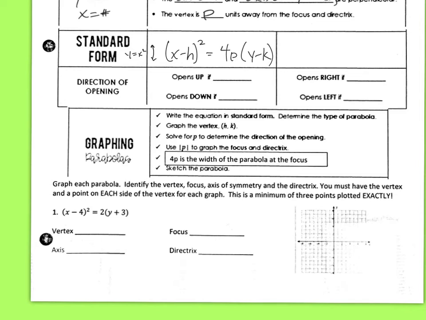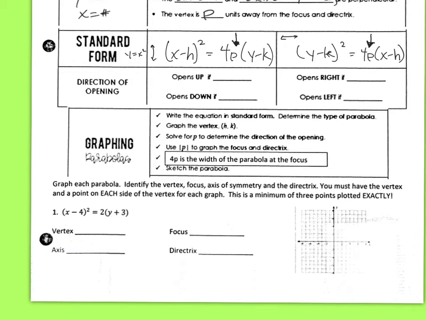If the parabola goes left or right, then we want the y to be squared. So it's y minus k quantity squared is equal to 4p times x minus h. Now, which side is squared doesn't really matter if it's the left side or the right side. What matters is this number is in front of the side that is not squared. That number tells you kind of a lot of stuff.